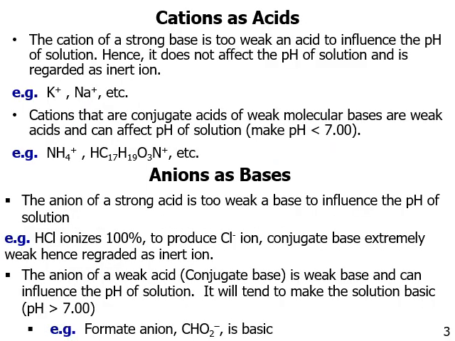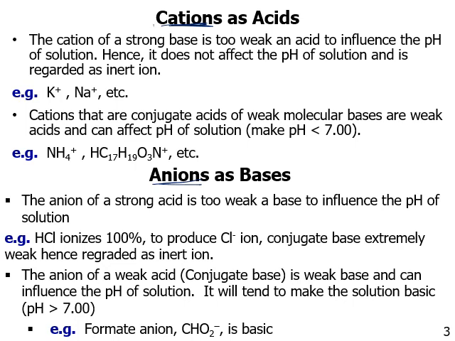Okay. Now, cations usually act as acids, if they do. Anions usually will be acting as bases. How do you know which cations are going to act as an acid? For that, just know these rules. If a cation is coming from a strong base, it is too weak of an acid to influence the pH of a solution.